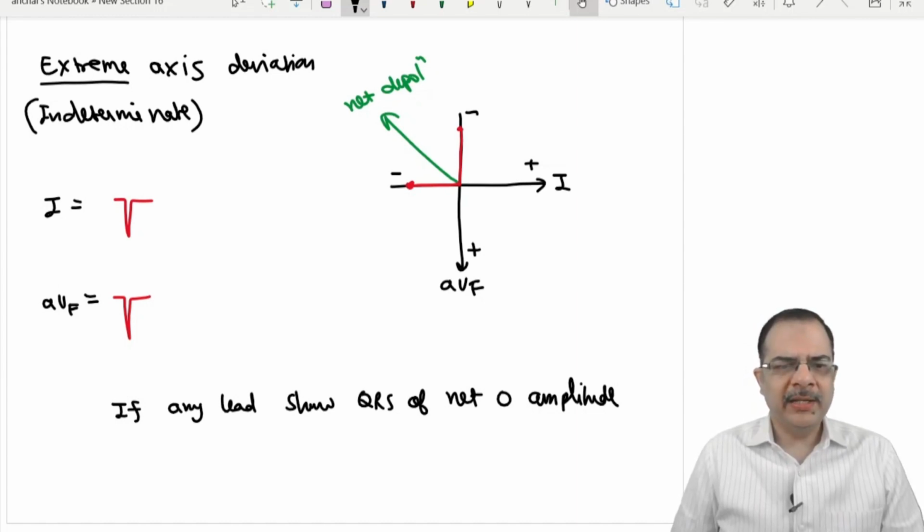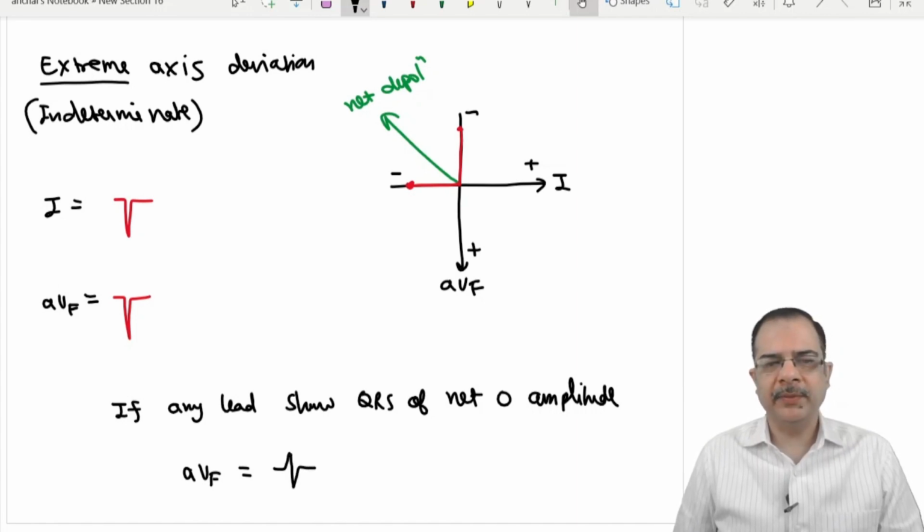For example, say AVF is showing a QRS of amplitude like this, equiphasic, positive and negative are equal. So this is net 0, this is net 0. This means this is the AVF vector.